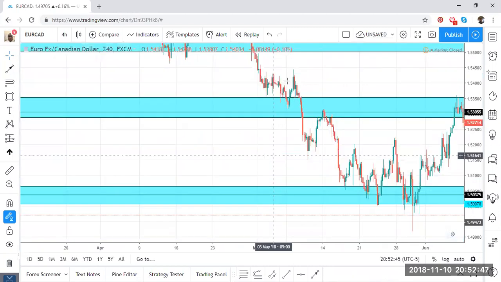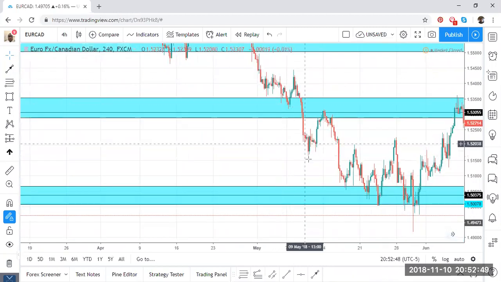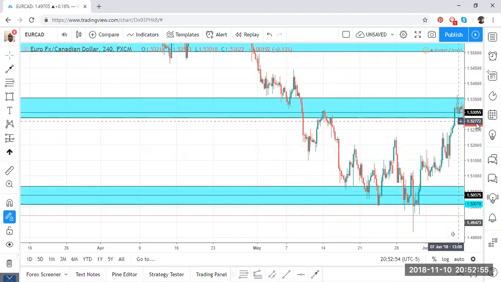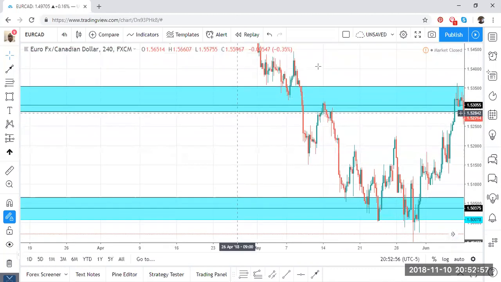So the majority of the time, once I see a break and a retest, I can start looking for the market to go down because I see a break and a retest of my zone. That's my first indication that I'm looking for a sell, because I see price break my zone and then it retests the zone.